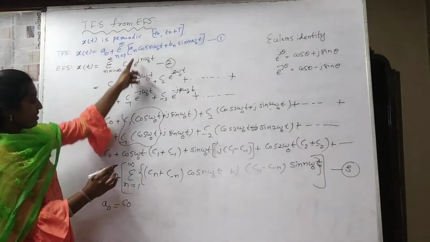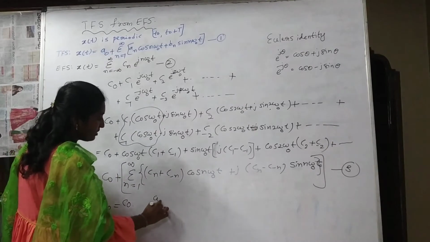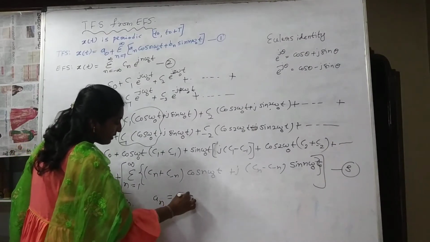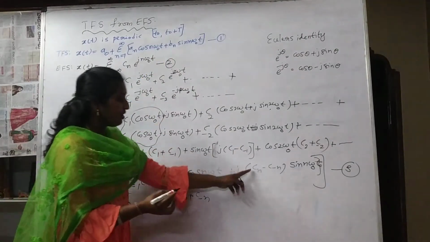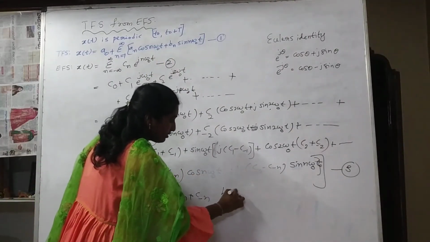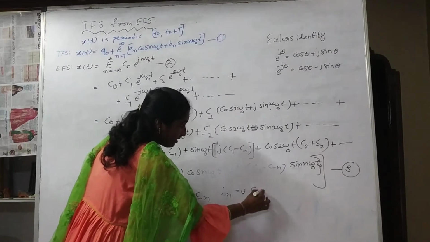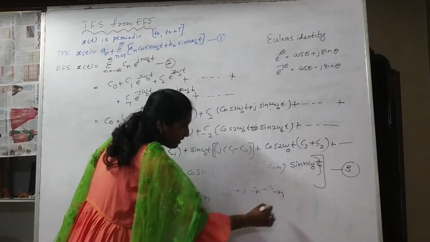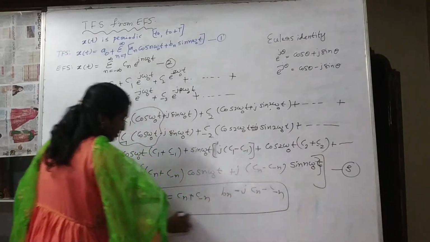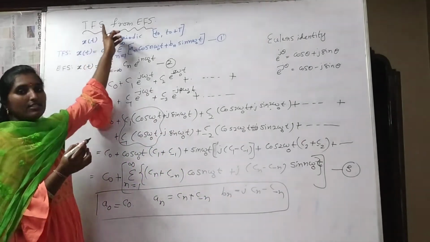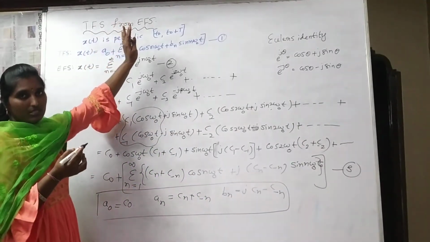Then in place of An, what do you have? An is equal to Cn plus C minus n, and in place of Bn, what do you have? Bn is equal to j of Cn minus C minus n. This is the relation of one Fourier series in terms of another Fourier series.